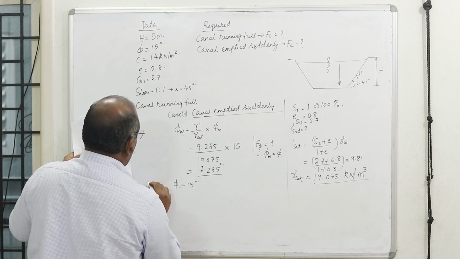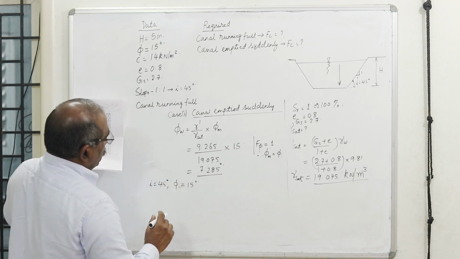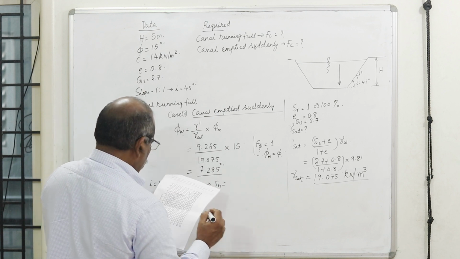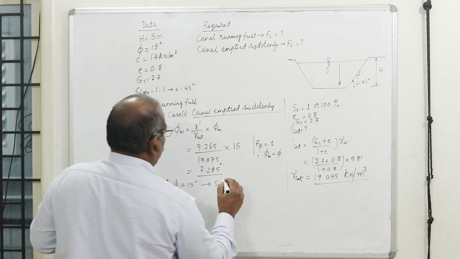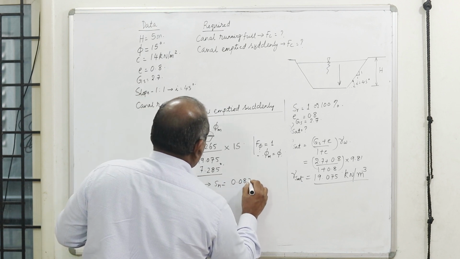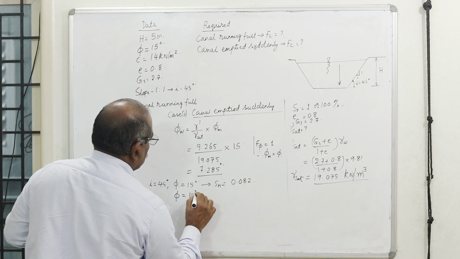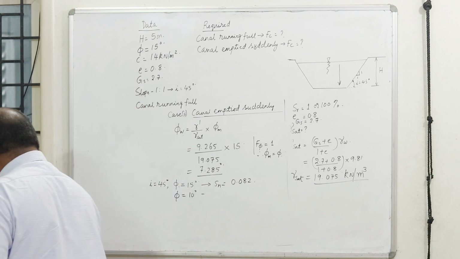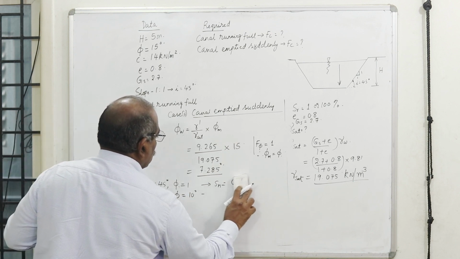For i equal to 45 degrees, phi equal to 15, the stability value Sn is equal to 0.082. For phi equal to 10 degrees, not 10 degrees, because I need a value less than that, let us go for this.